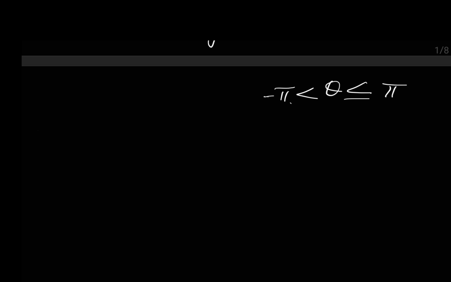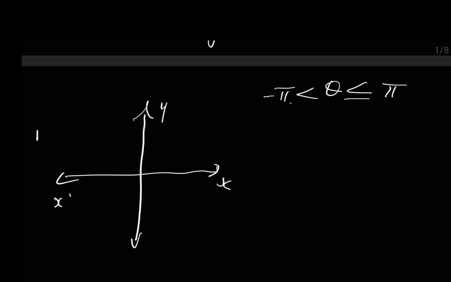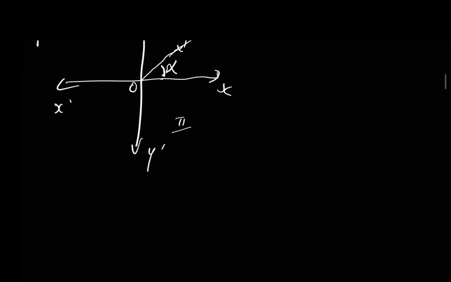In the first condition, it lies in the first quadrant. Let me draw the quadrants: x-axis, x dash, y-axis, y dash. This is your first quadrant, this is your second quadrant. Let me take a point P and join it with the origin. This line makes an angle, let me mark it as alpha, with the x-axis in the anti-clockwise direction.